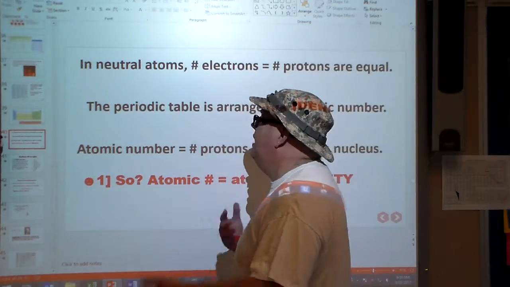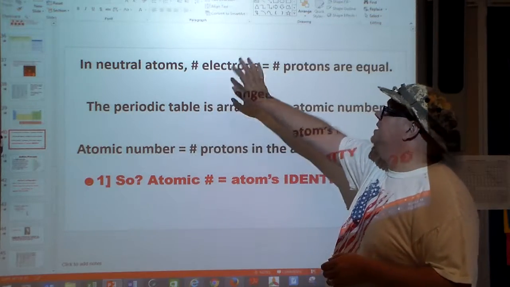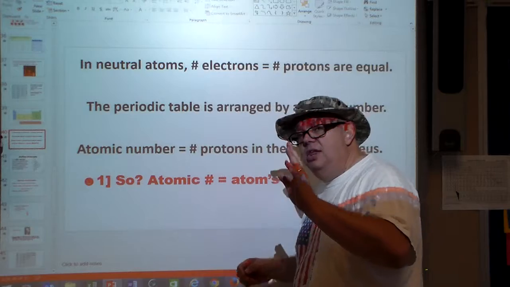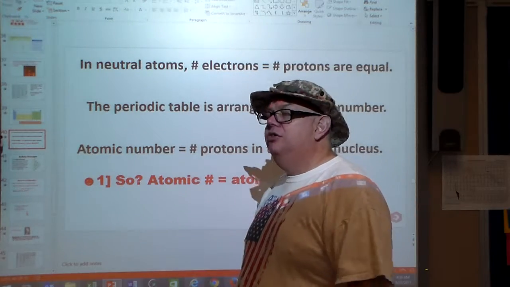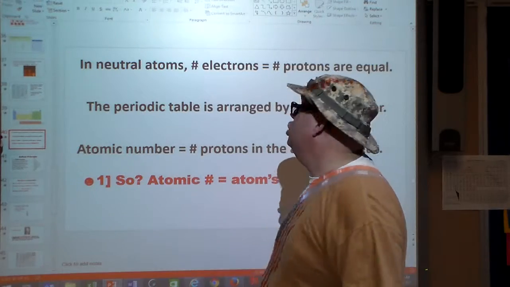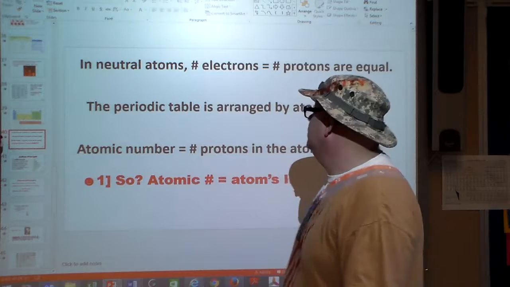So that means that atoms have to have some kind of a positive or negative charge. But in neutral atoms, electrons and protons are equal in number. In other words, the positive of the proton and the negative of the electron are opposites, they cancel each other out.